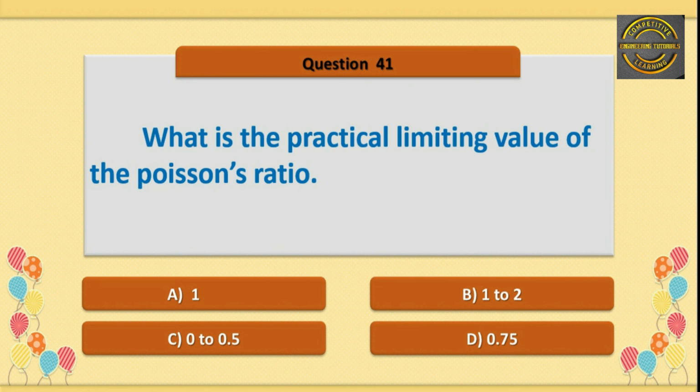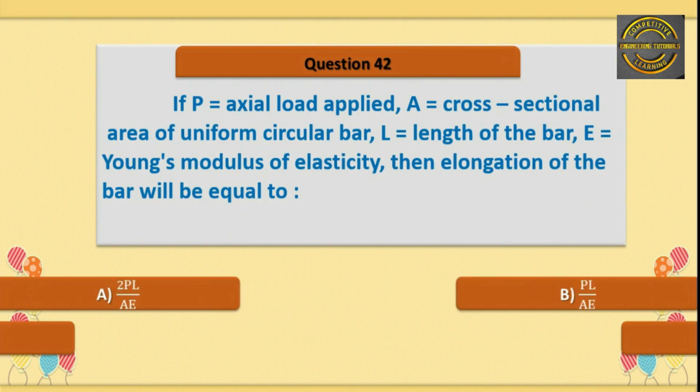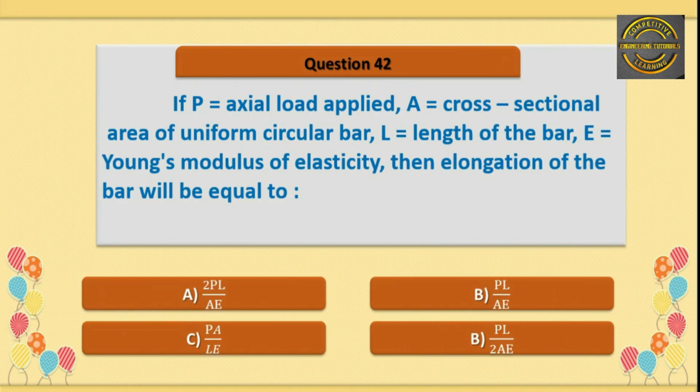Option C is correct. 0 to 0.5. Question number 42. If P axial load applied, A equal to cross-sectional area of uniform circular bar, L equal to length of the bar, E equal to Young's modulus of elasticity, then elongation of the bar will be equal to. Option B is correct. PL by AE.